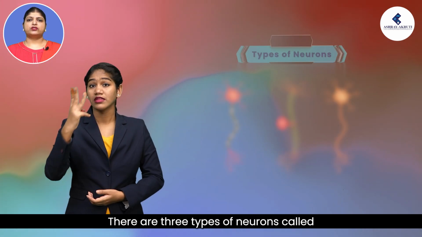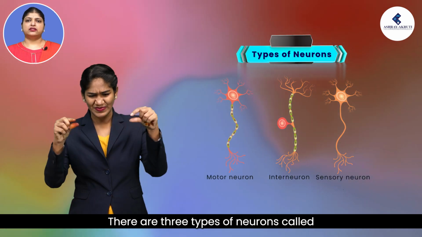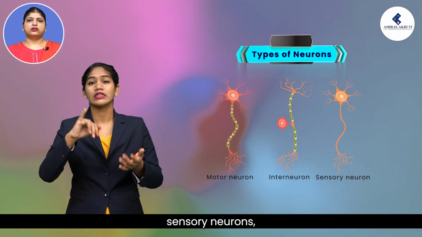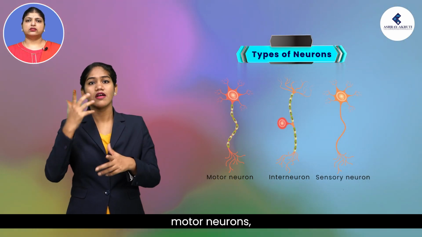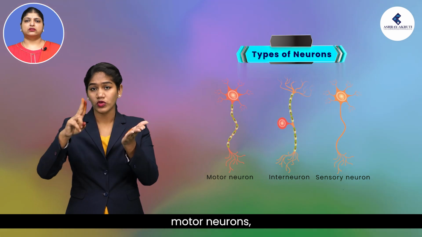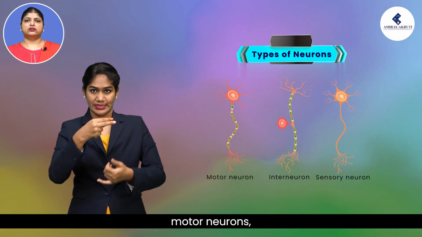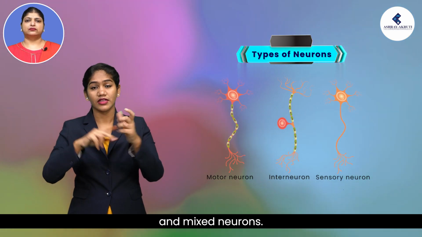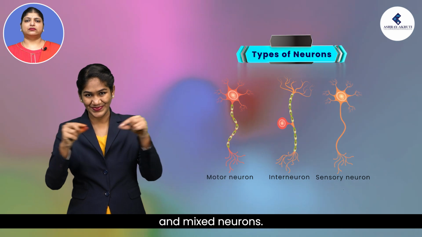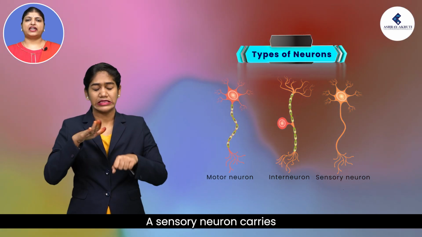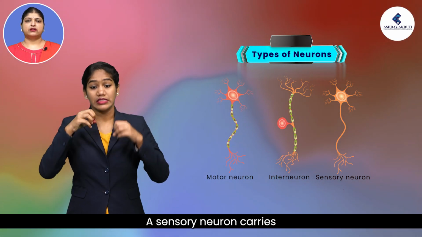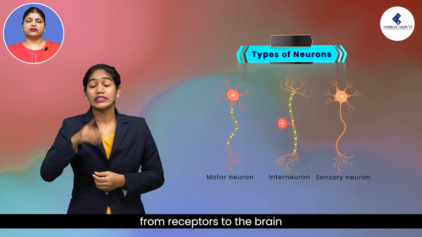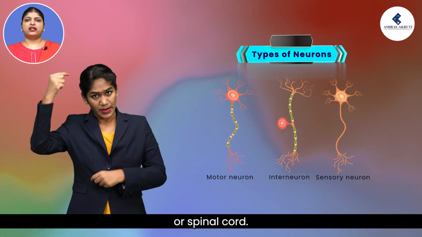There are three types of neurons called sensory neurons, motor neurons, and mixed neurons. A sensory neuron carries impulses from receptors to the brain or spinal cord.